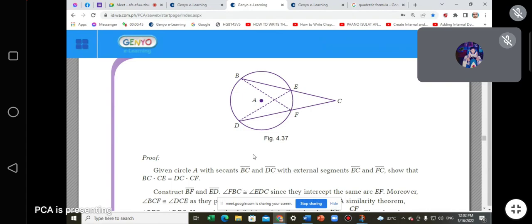By the way, it was considered as part of the proof for this theorem.